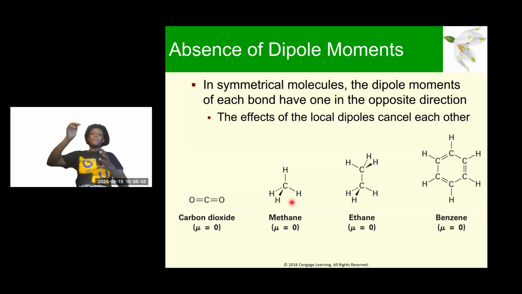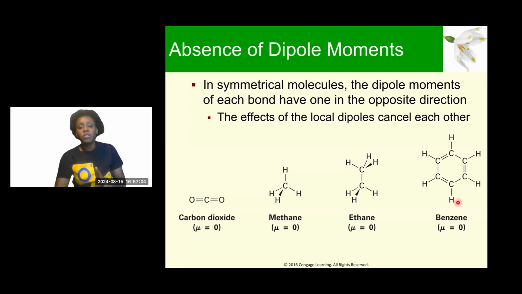All the electrons are being distributed and creating that same symmetrical pull. This hydrogen is pulling, this one is pulling, all pulling outward together, causing that 0 dipole moment. So the takeaway is the effects of a local dipole moment can cancel each other out if there's a bond in the opposite direction with the same pull.